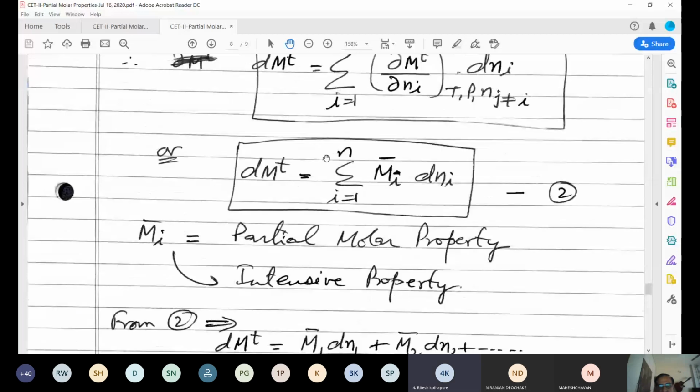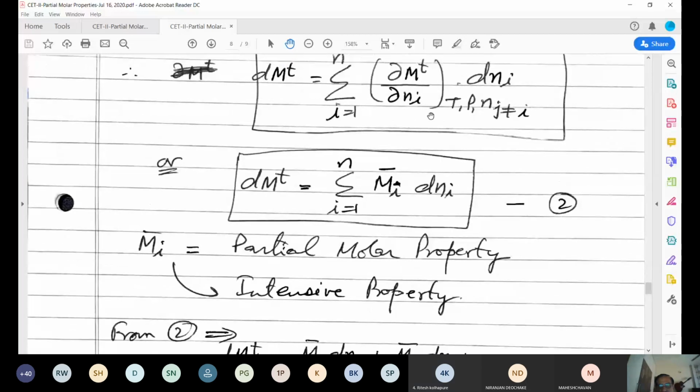Actually, this n and that n, one is moles, and this is the number of components. I should have used some other variable. This is the number of components. If there are n components, then summation 1 to number of components, and this is the number of moles of i component. Yeah, and it is used in both places.